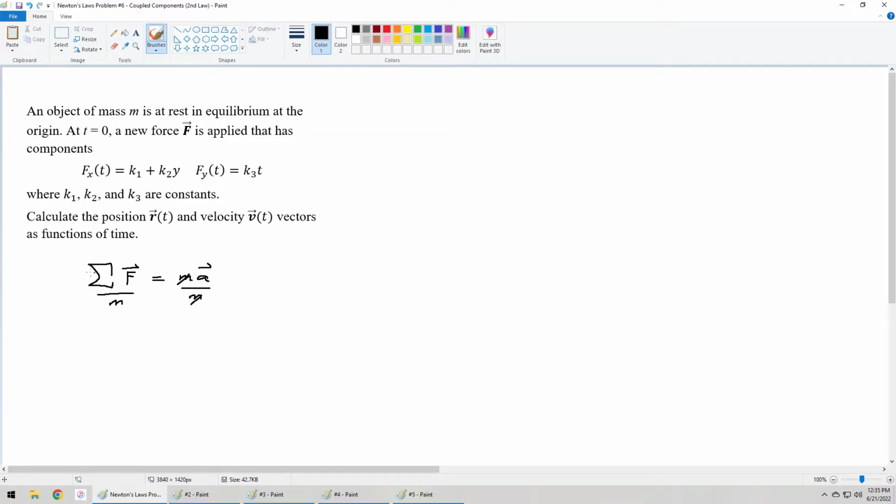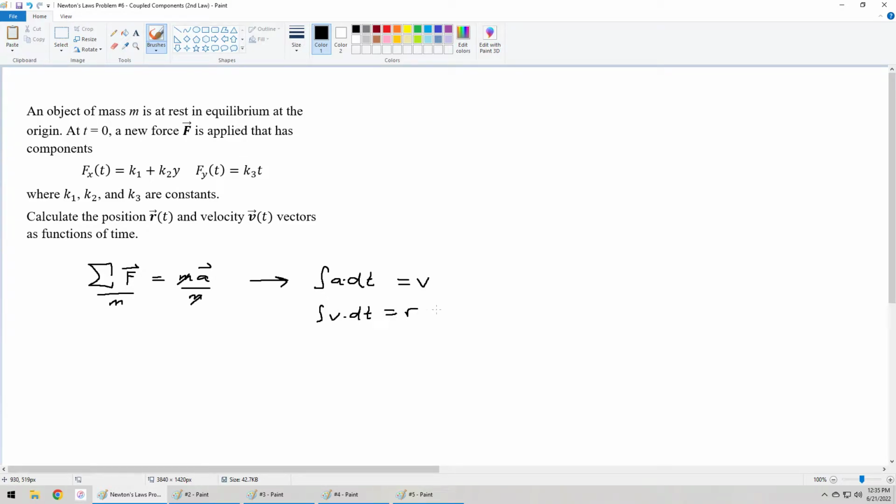And then, hey, we've got the force divided by m is equal to the acceleration vector. And then normally, from this point, we would integrate acceleration with respect to time to get velocity, and then integrate velocity with respect to time to get position.